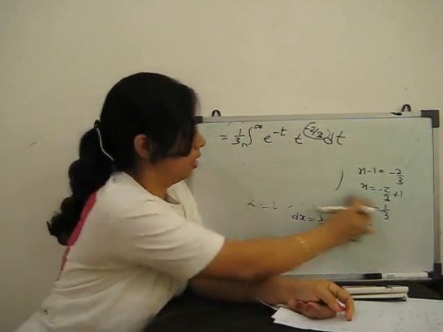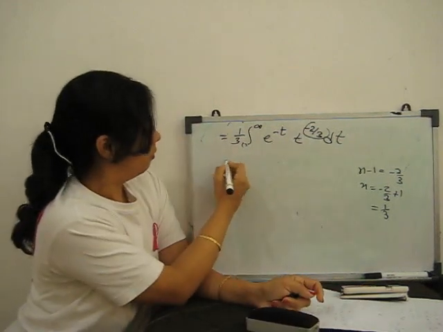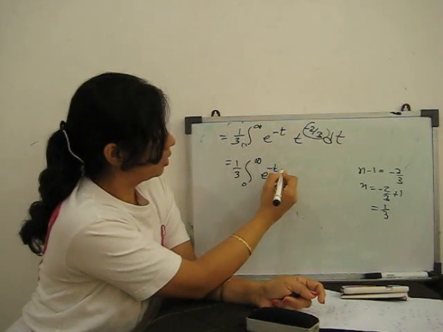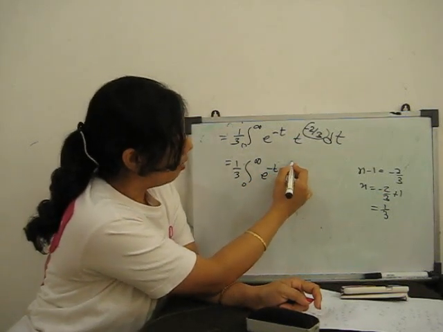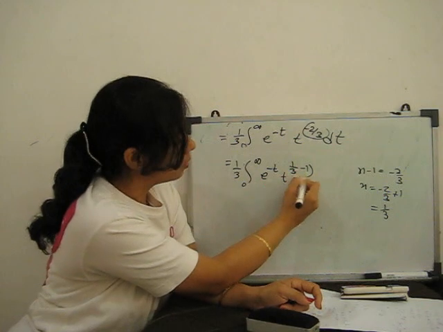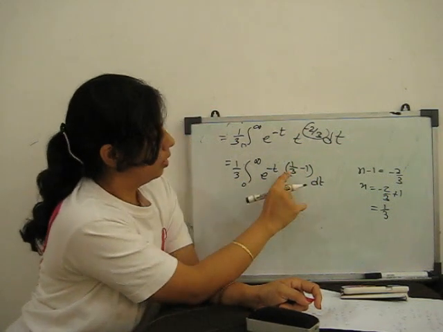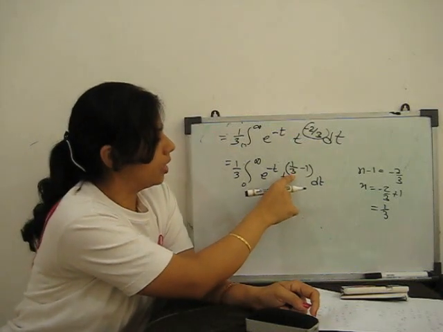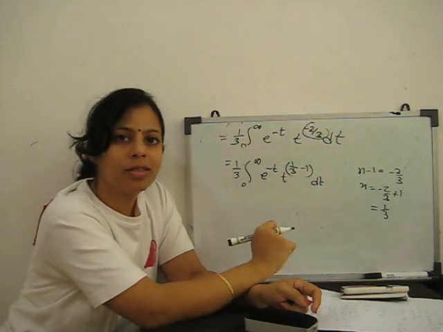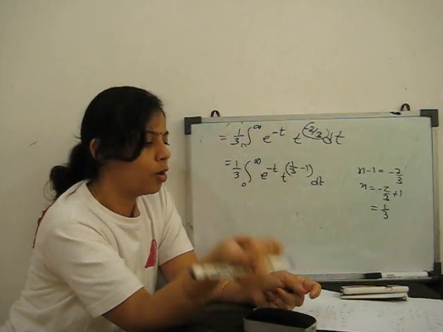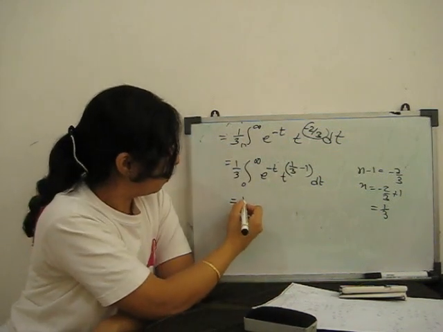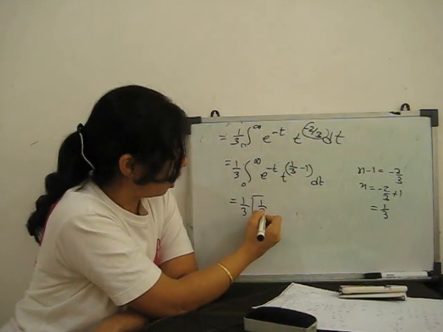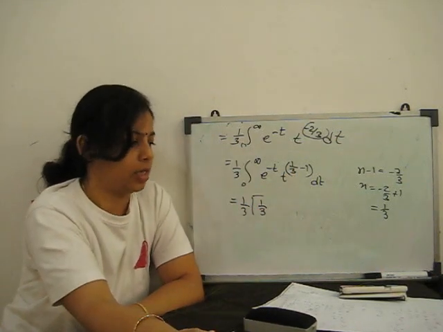We rewrite it again: 1/3, 0 to infinity e to the power minus t, t to the power 1/3 minus 1 dt. See, 1/3 minus 1 is minus 2/3. Hence, it is the gamma function. So it gives the value 1/3 gamma of n, where n is 1/3: 1/3 gamma of 1/3.